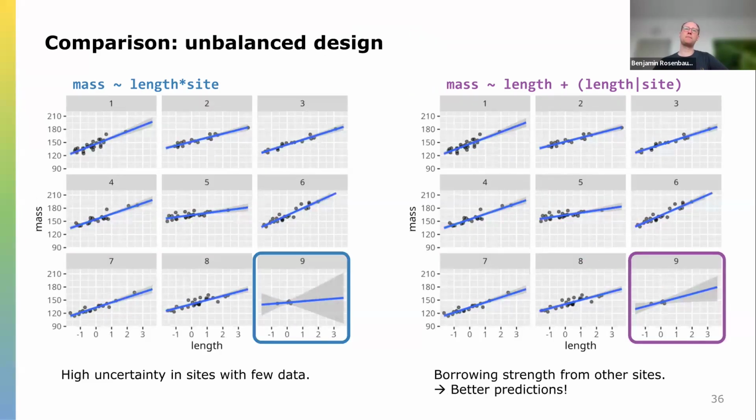However, if there are some differences in sites, for instance an unbalanced design, so this is the same analysis, but here in the 9th site we only have 3 observations. All the other ones are fine, right? They have about 20 data points. You can fit a regression there, no problem. But for this 9th site, the regression is really bad.